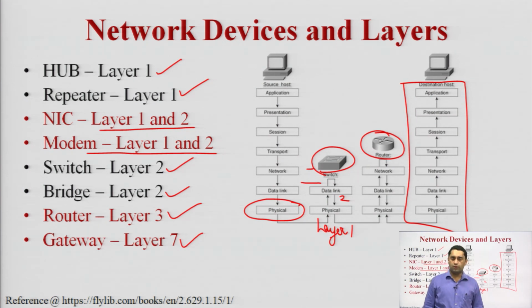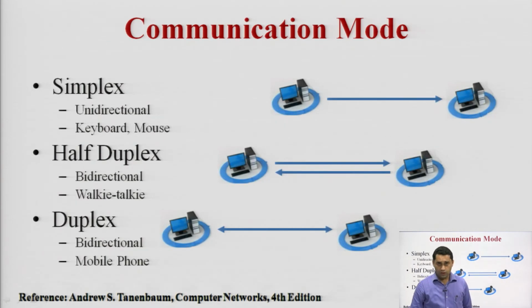We can also define the working of the gateway as from layer 4 to layer 7. It is up to us which type of gateway we are using. As I said, we have a variety of functionalities which we can add. In a similar manner, we can add the gateway type. So, this is all about the network devices and how these are attached with the OSI model layers.